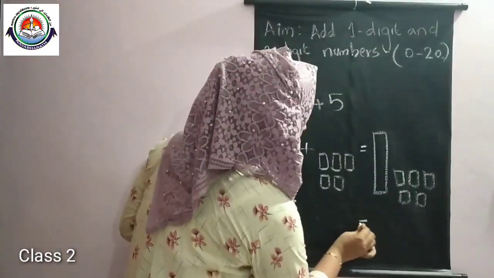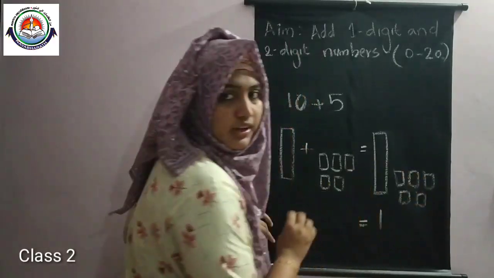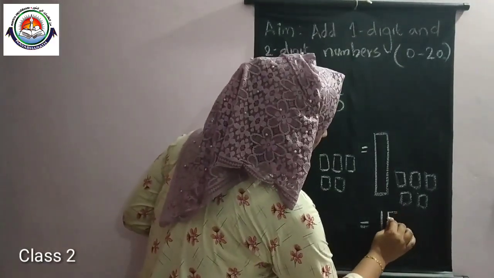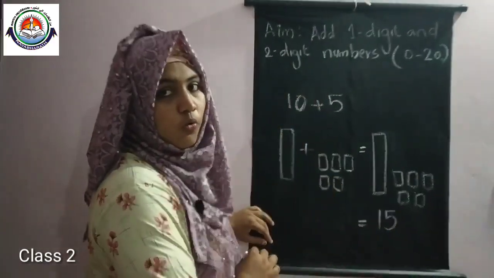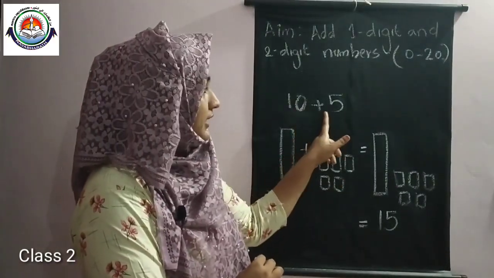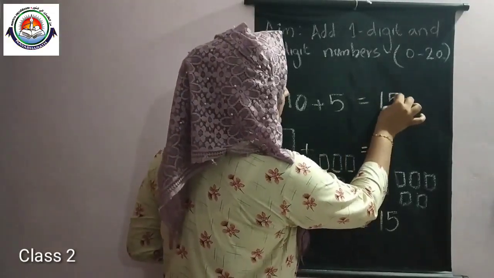So it shows number 1 and here 1, 2, 3, 4, 5. 5 ones. So we can write number 5 in ones place. So we got, when we add 10 plus 5 which equals 15.